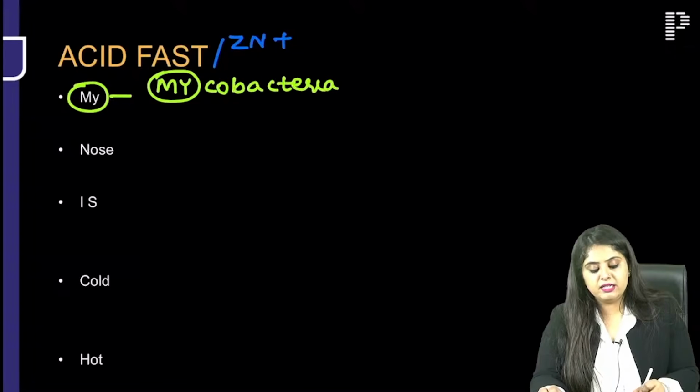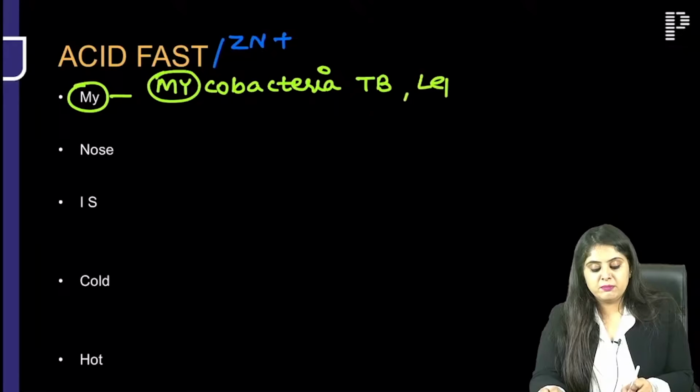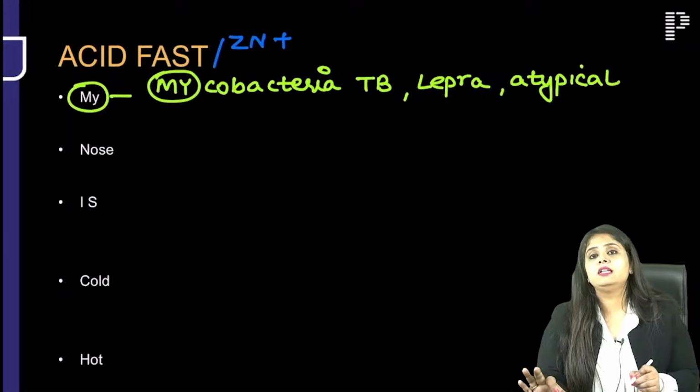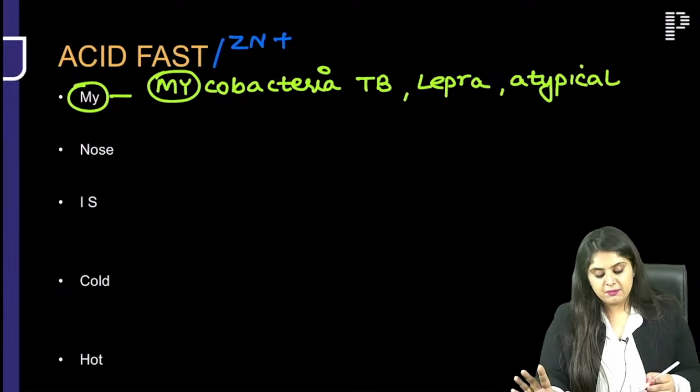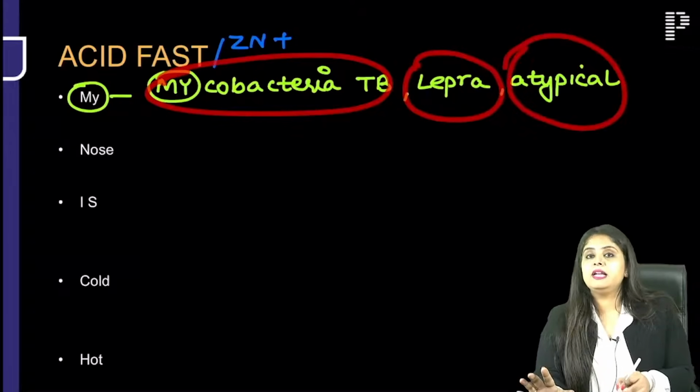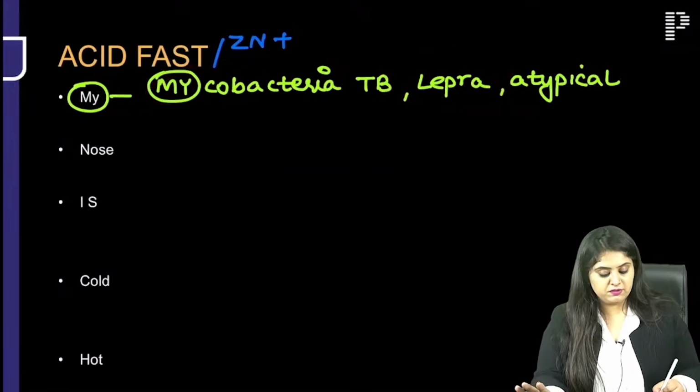What all mycobacteria do you know? One is Mycobacterium TB, one is going to be Mycobacterium leprae, one is going to be atypical mycobacteria. Any mycobacteria written is ZN stain positive. Mycobacterium TB, Mycobacterium leprae, atypical mycobacteria, all are ZN stain positive.